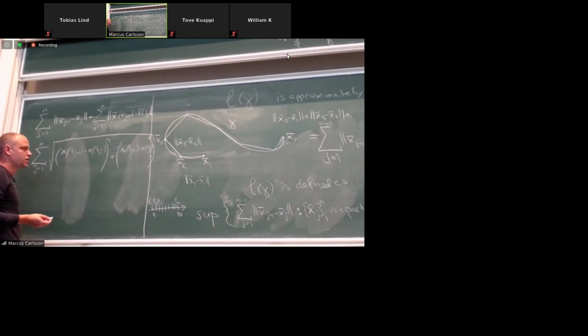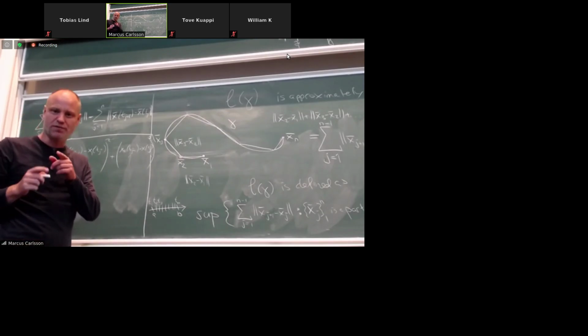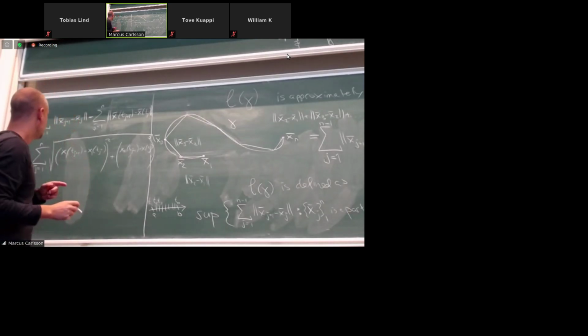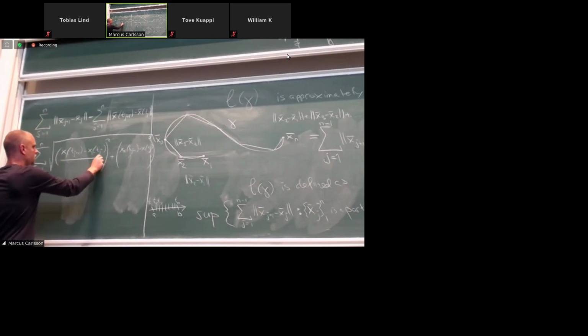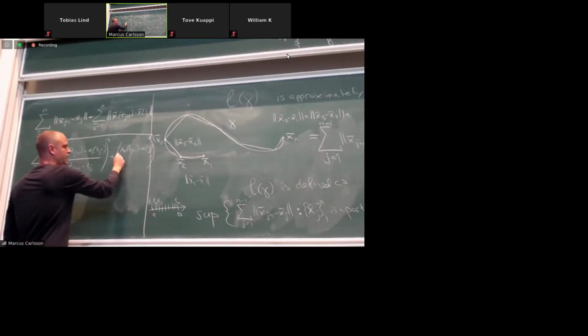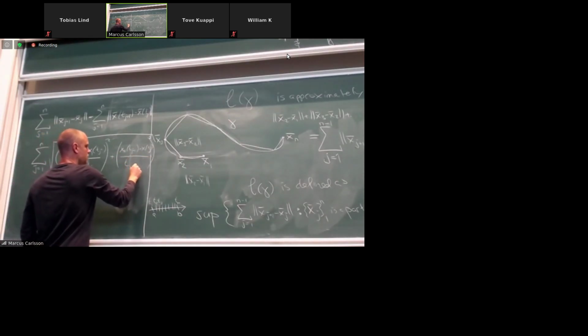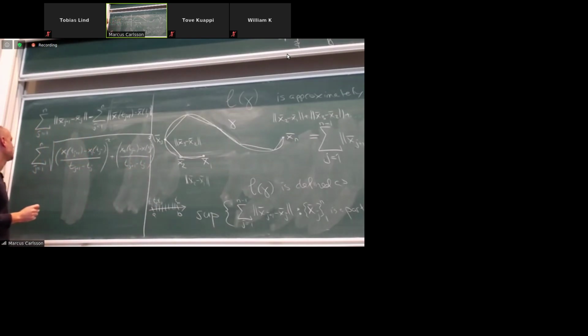So still this doesn't look like much, but differences are connected with derivatives, right? So if I here do a division by tj+1 minus tj, let me put it in front.